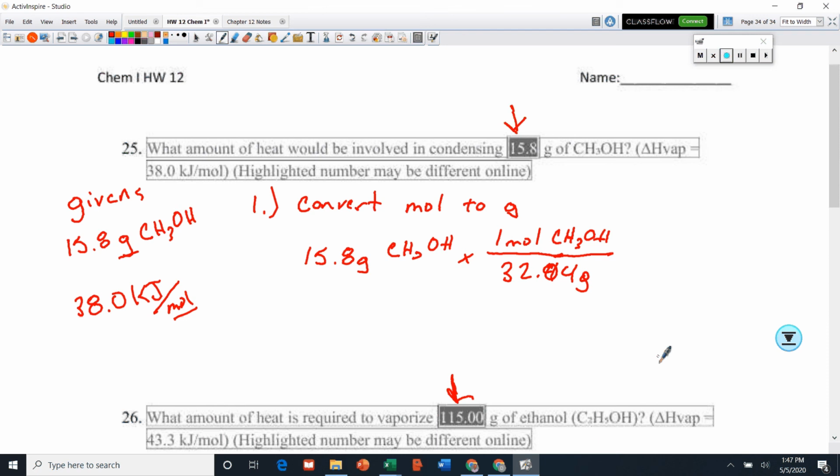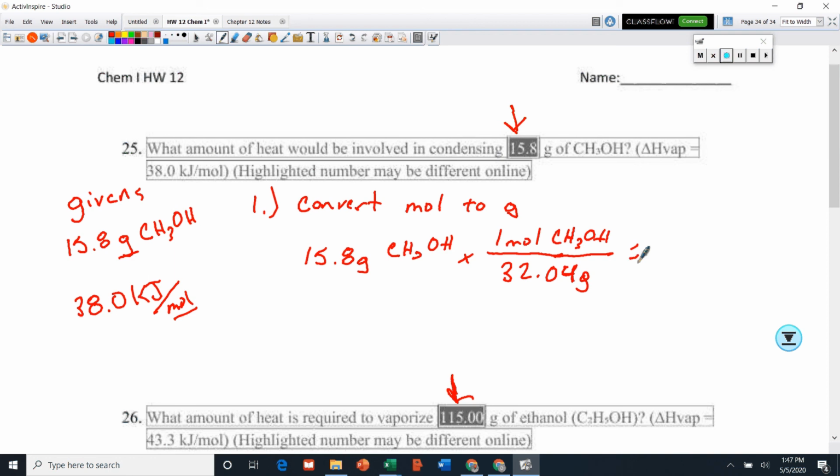All I did was calculate molar mass of 1 carbon, 4 hydrogens, and 1 oxygen. So 12 plus 4 plus 16 gives me 32. So if you did the full periodic table values to two decimal places, you get 32.04.